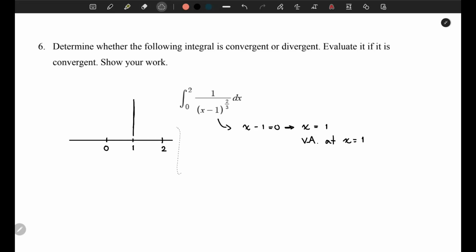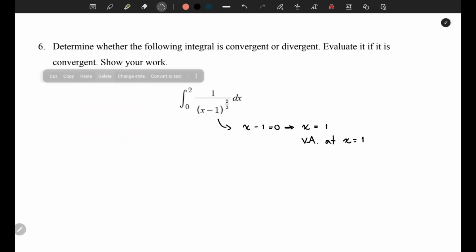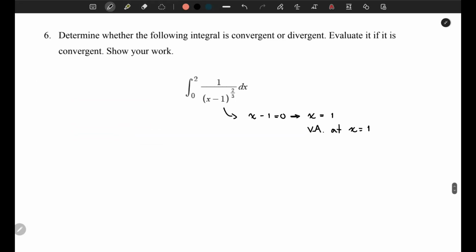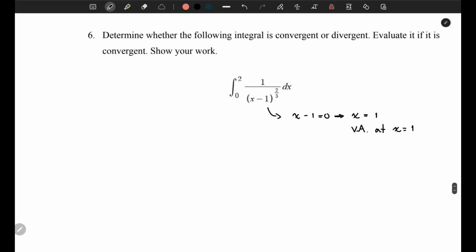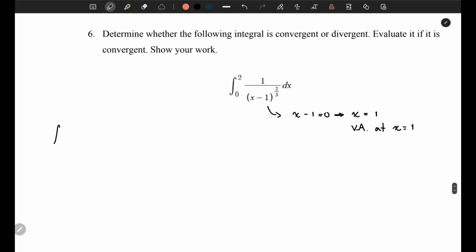So, now that we know that, we need to split this integral. According to the properties of an integral, we want to split this at its vertical asymptote.